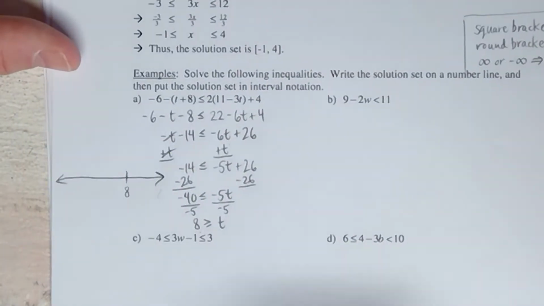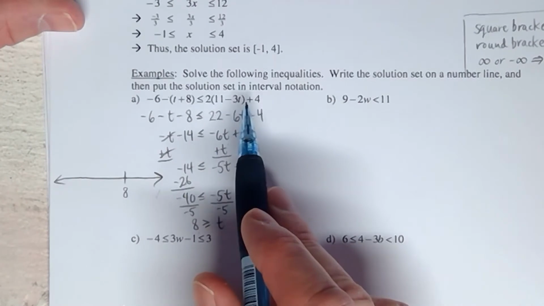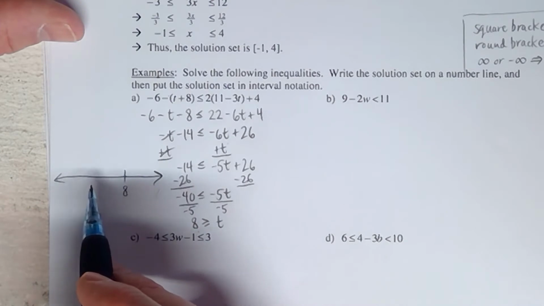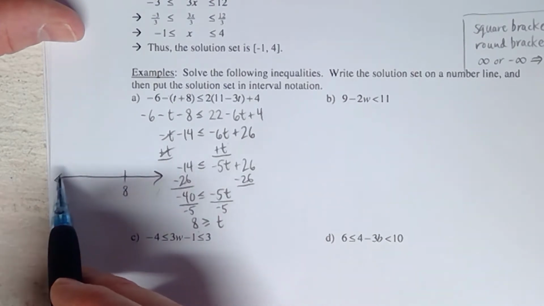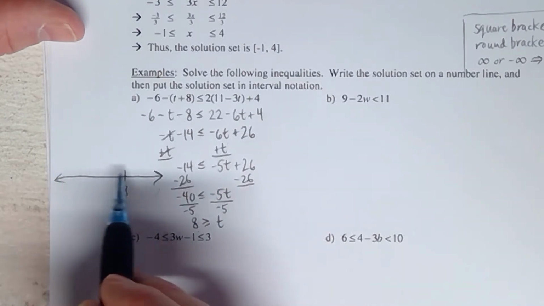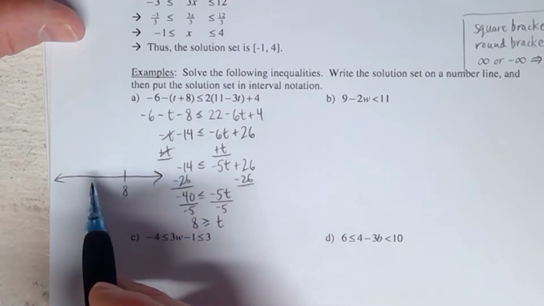Okay, and now here's the key part. When you do a one variable linear inequality and you're solving it, the graphing part will always be, you're going to shade in or color in either this side of the 8 or this side of the 8. You'll never shade in both sides.